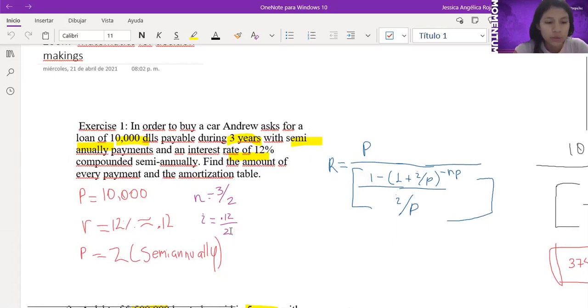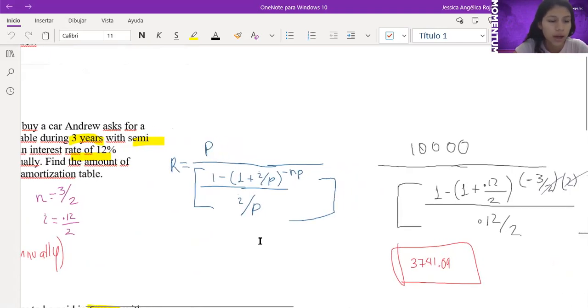I is equal to the interest rate, 0.12, divided by the compounding frequency, that is 2.